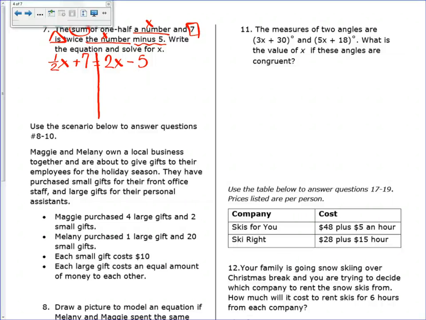We're going to solve. Minus 1/2 x for both sides. 7 equals 3/2 x. Add 5 to both sides. We get 12 equals 3/2 times x.